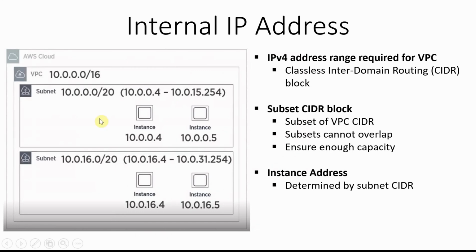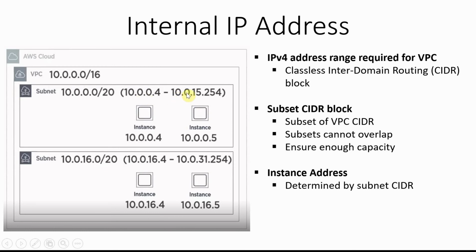For example, in this range you have, let's say, 256 IPs. Every EC2 instance can have one IP, but you can have n number of EC2 instances under the subnet range covering these IPs.